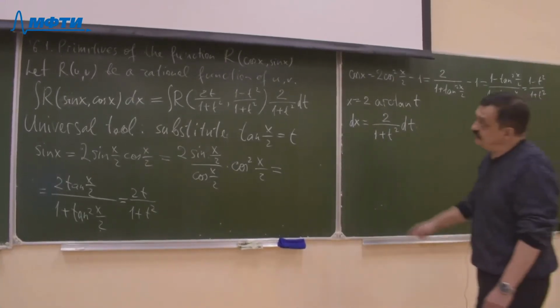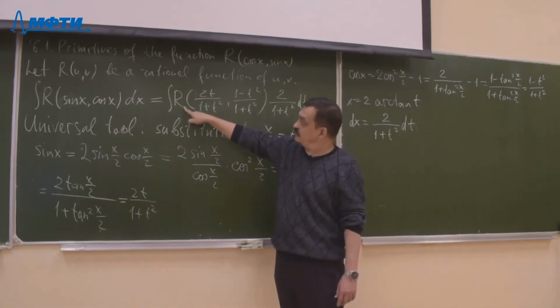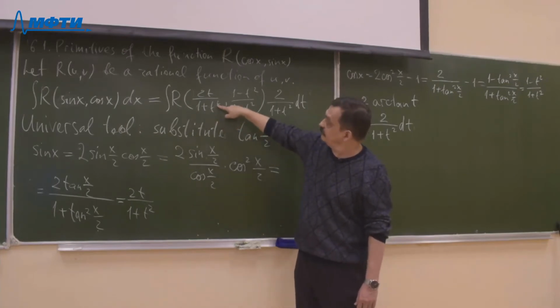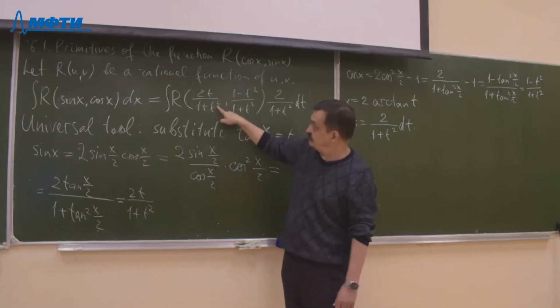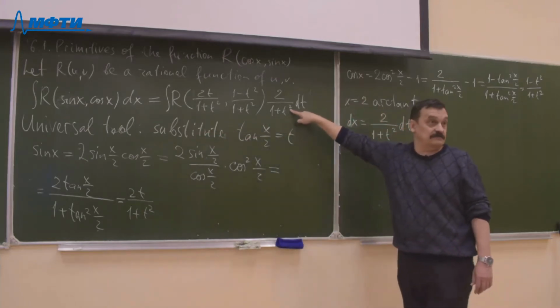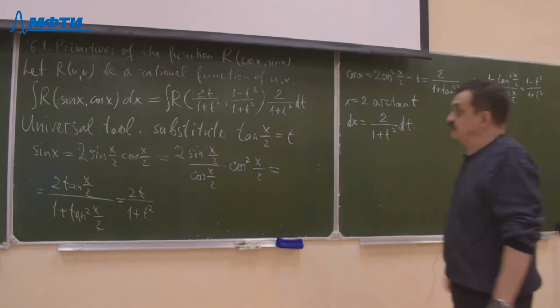But as you see, if R is a function of some degree, then it will be a rational function of degree twice the degree of R, and also maybe plus 2. So a very large degree will be after that substitution.